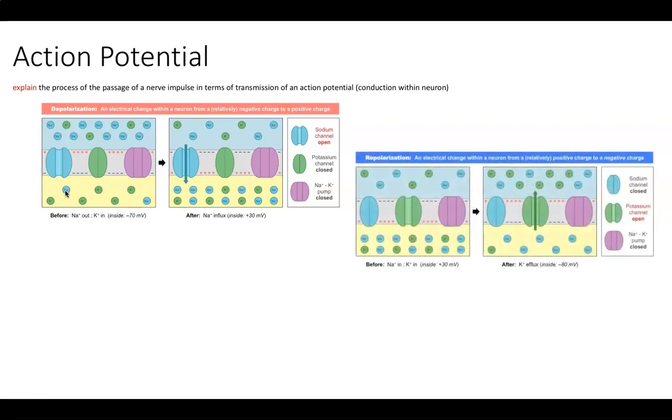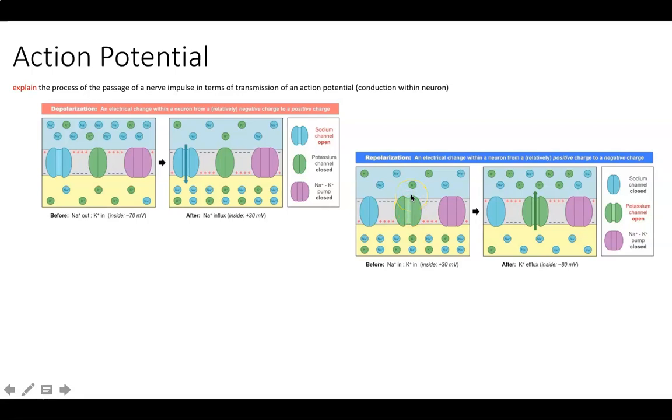The next stage is, if you look at this diagram, now that sodium channel is closed, but that has now caused this next channel to open up. That's the potassium channel. It opens, and so what's going to happen? Well, all that potassium on the inside is now going to move to the outside.